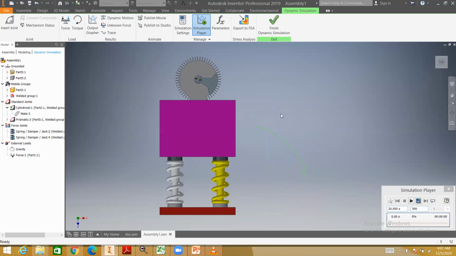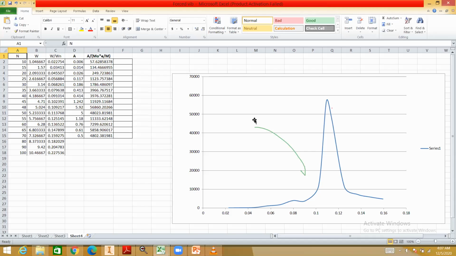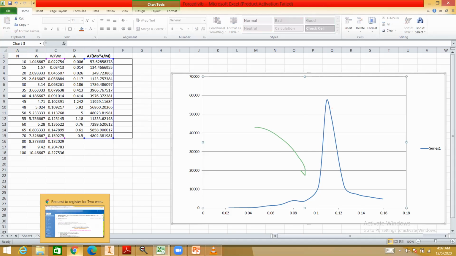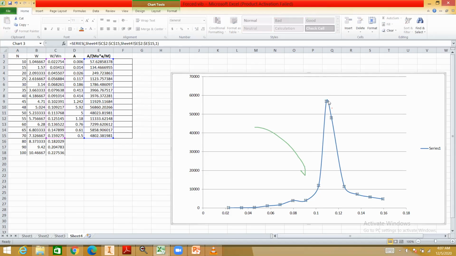When you prepare the write-up, you add these diagrams. You draw one schematic diagram on your page, and also in the PDF you can add this diagram directly. Then you can add the graph, so you take the screenshot. At this point it is called the peak frequency, which is near about the natural frequency.